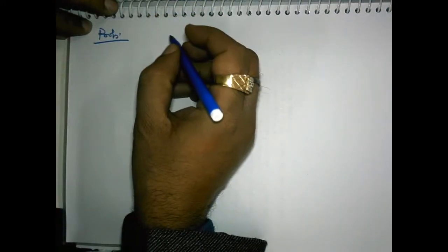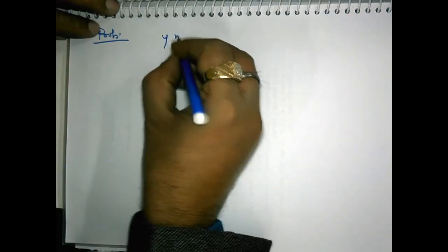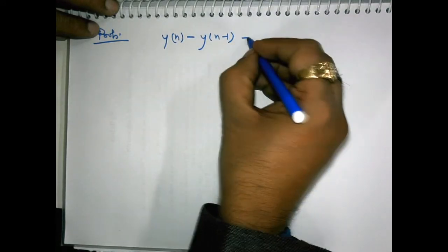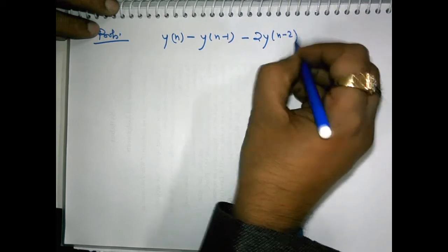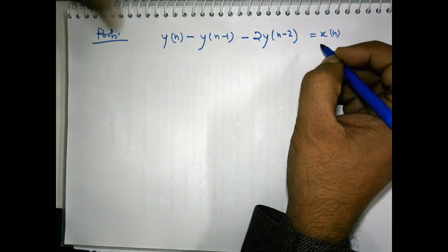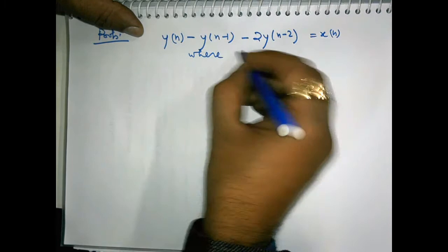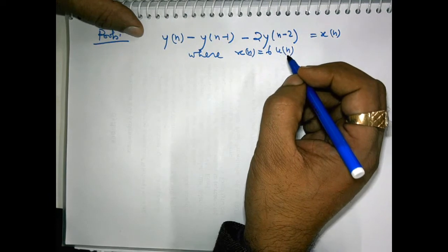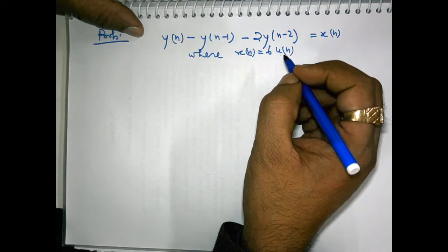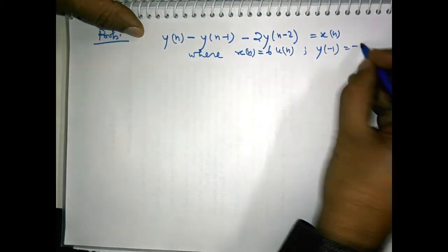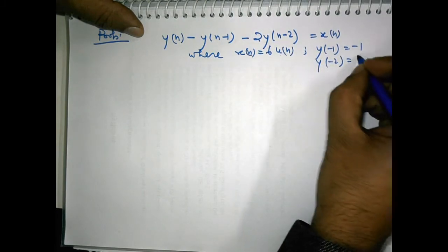Suppose an IIR filter, the problem is given in this form. An IIR filter is described as yn minus y n minus 1 minus 2y n minus 2 equals to xn, where xn is equal to 6 un, and 6 un is a constant because un is itself a constant, and the initial conditions are y minus 1 equals to minus 1 and y minus 2 equals to 4.